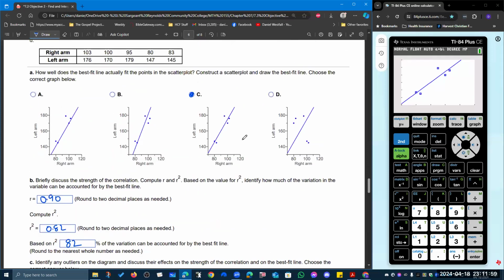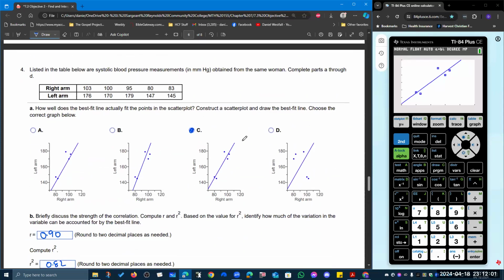And again, we would probably have expected that the blood pressure in the right and the left should be about the same. And we didn't get that. So this is not just something where we're interested in seeing correlation, but if we were actually gathering this data, we would want to investigate that and say, why is the pressure so much higher in the left arm?